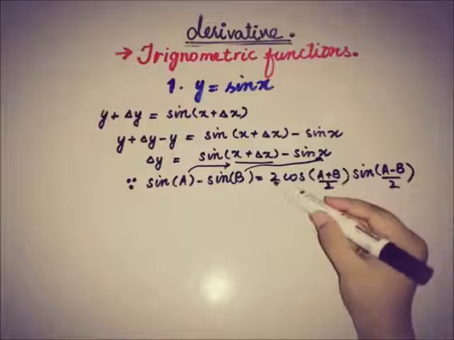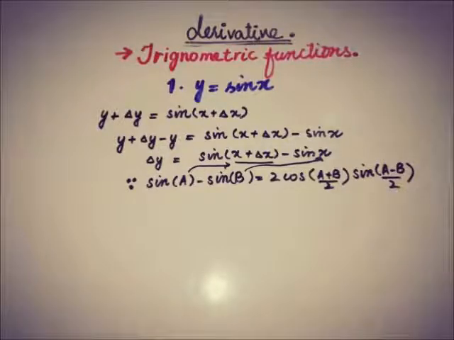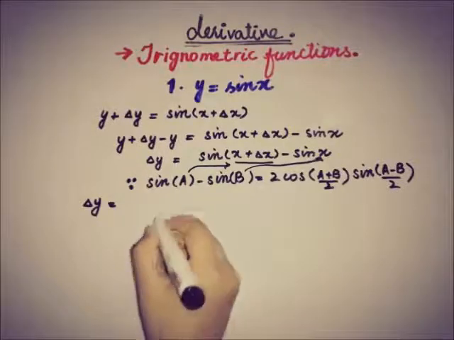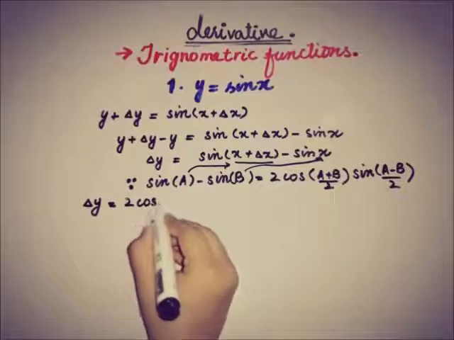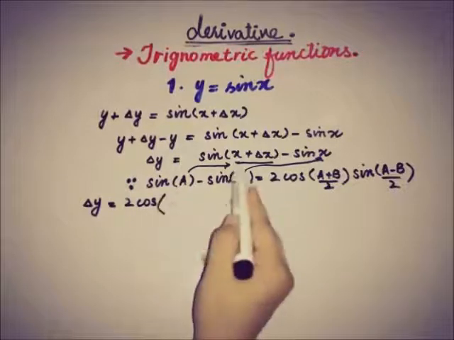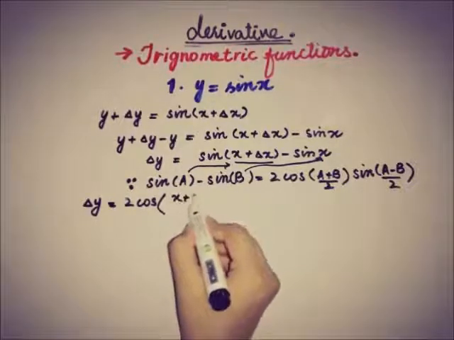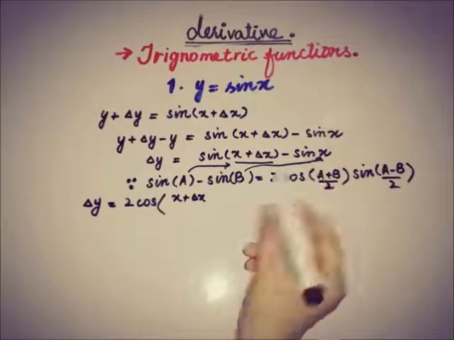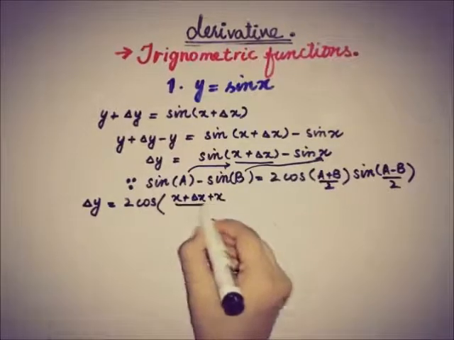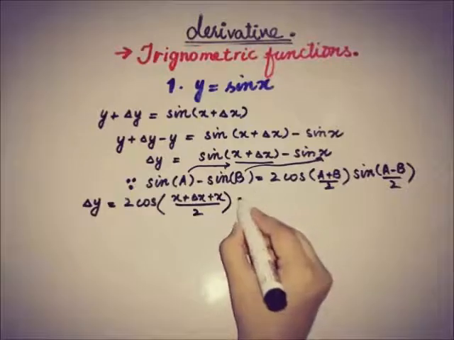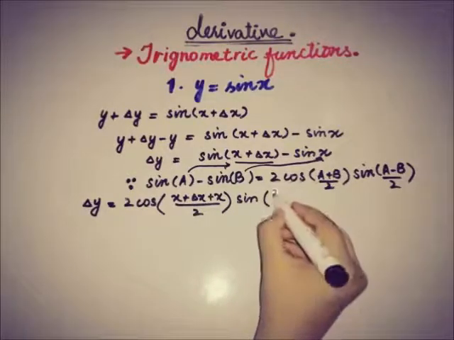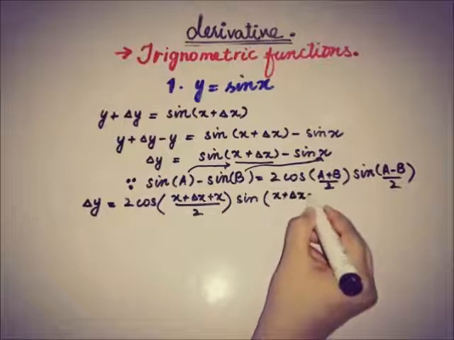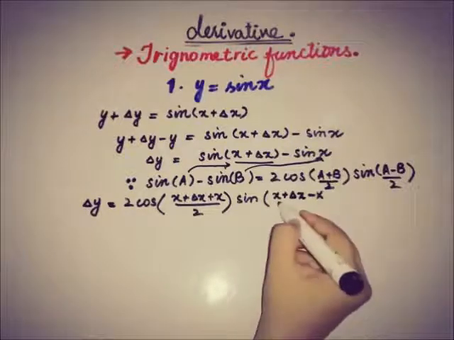So now applying the formula, delta y is equal to 2 cos of (A is x plus delta x, so x plus delta x plus B, which means plus x) divided by 2, and sine of (A minus B, A is x plus delta x and B is x) divided by 2.